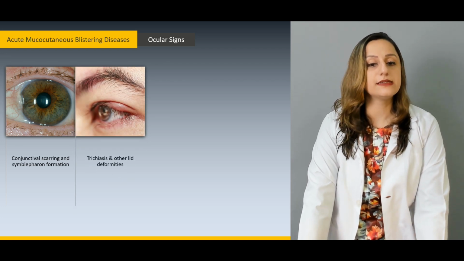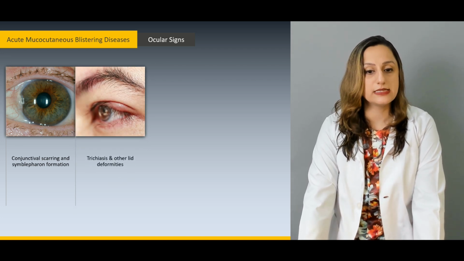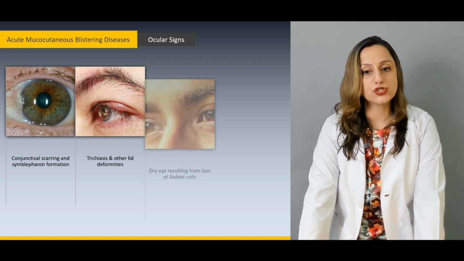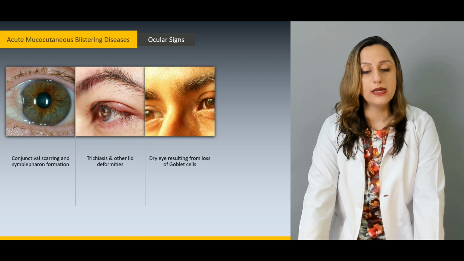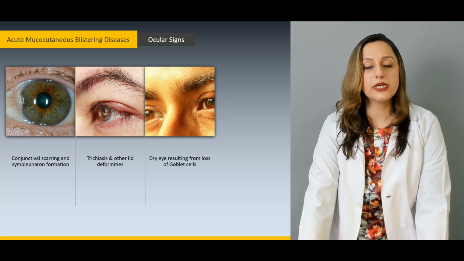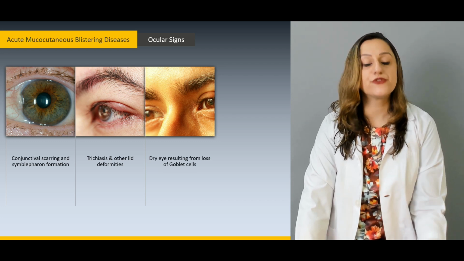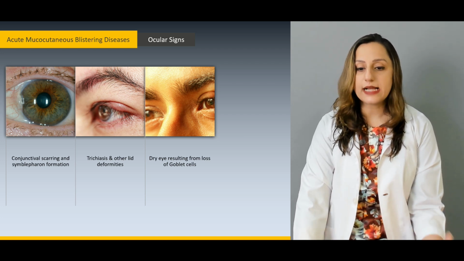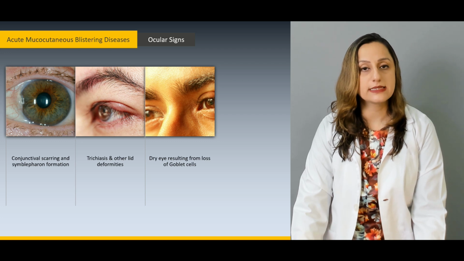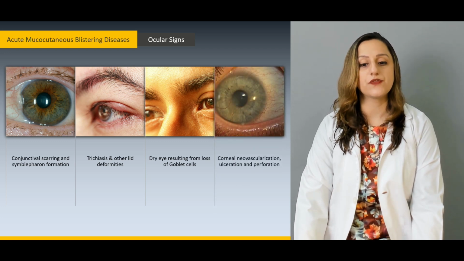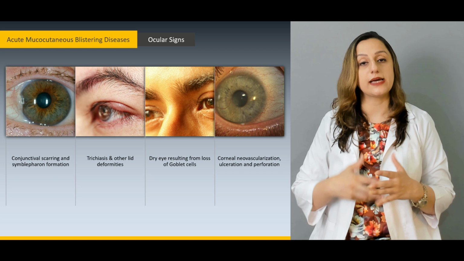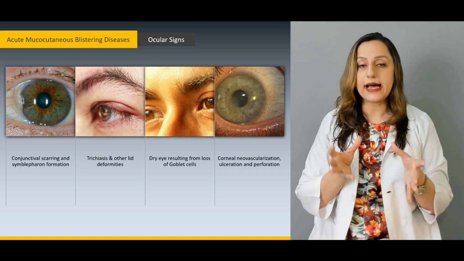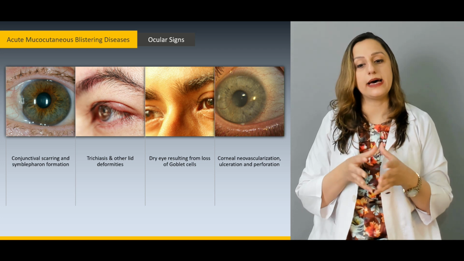Trichiasis and other lid deformities are also seen in these individuals. These can be later complications that the patient can suffer from, as well as dry eye, a xerotic condition resulting from the loss of the goblet cells. It is the result of the loss of goblet cells that we have dry eye syndrome. So the lacrimal gland is going to be involved, as well as the goblet cells.